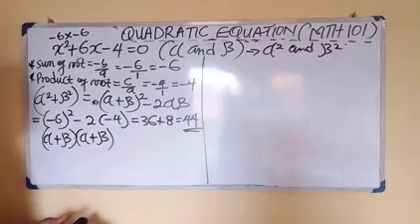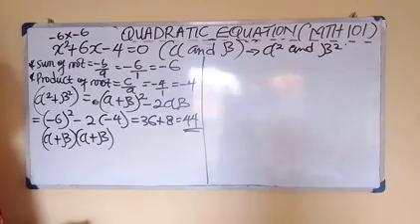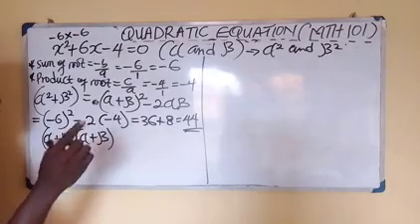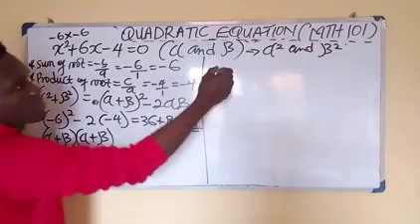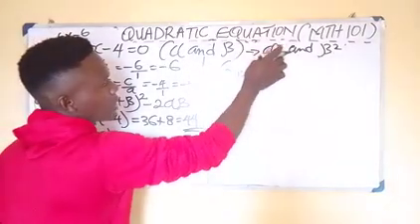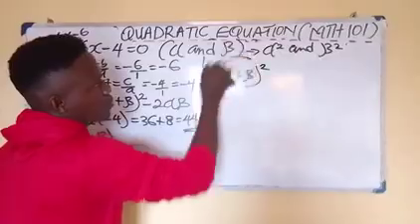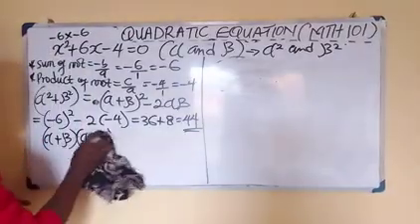Sorry, I've made a mistake. We are on track. All right. So this alpha plus beta, don't forget squared, that is the sum. Okay. Then the product of these roots.